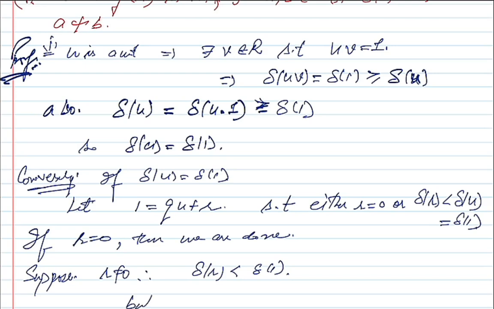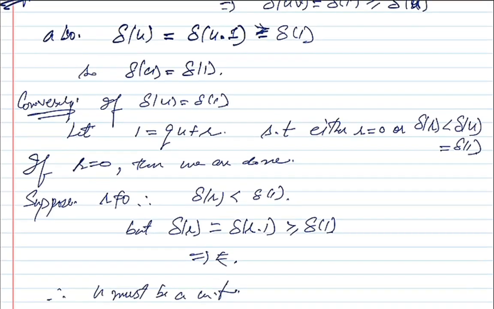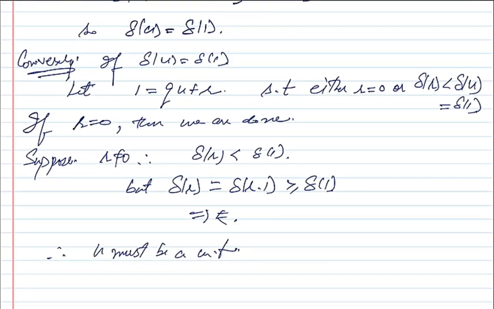But again, delta r can be written as delta of r into 1, which is greater than or equal to delta of 1. So you get a contradiction. Therefore u must be a unit. Okay, so that is the first point.